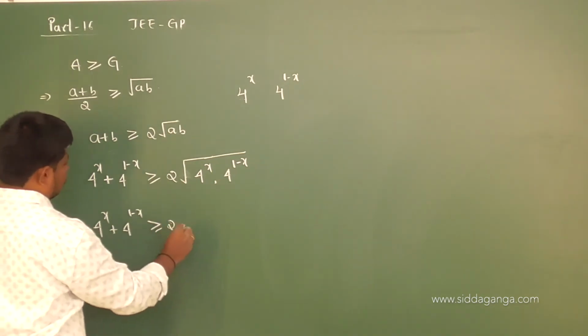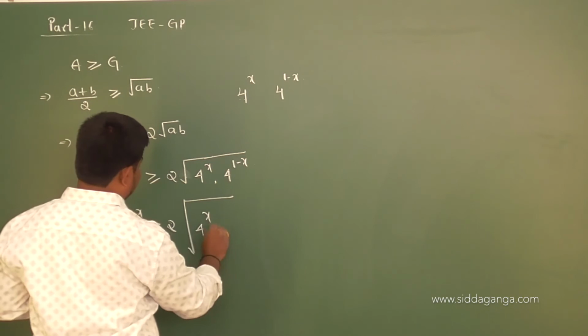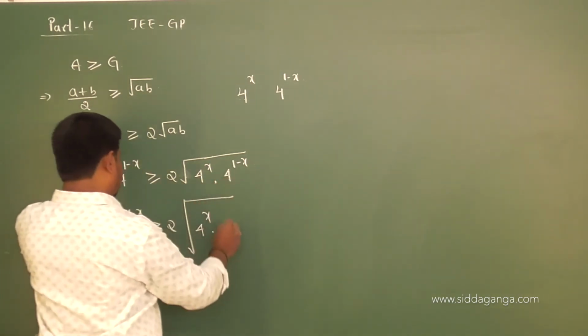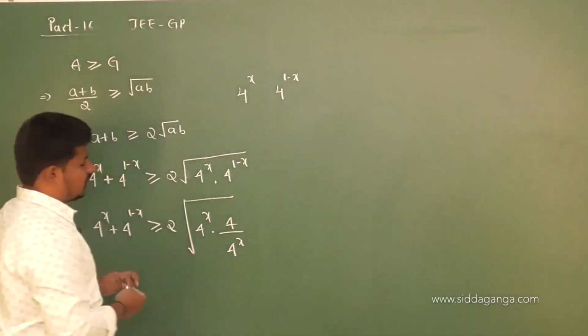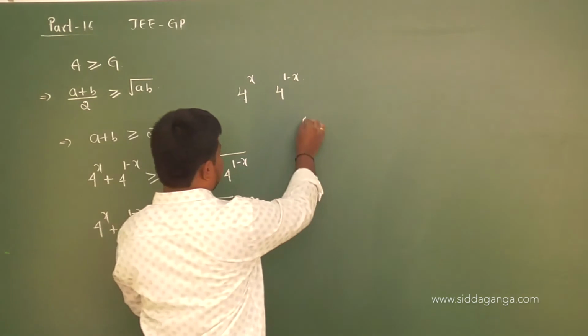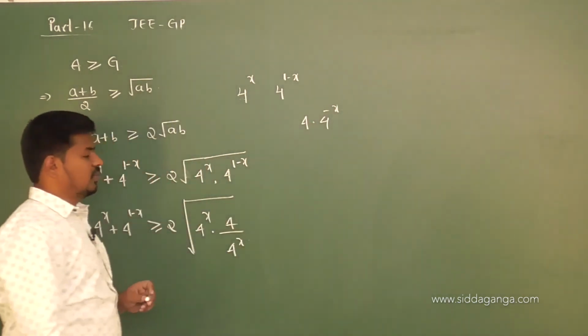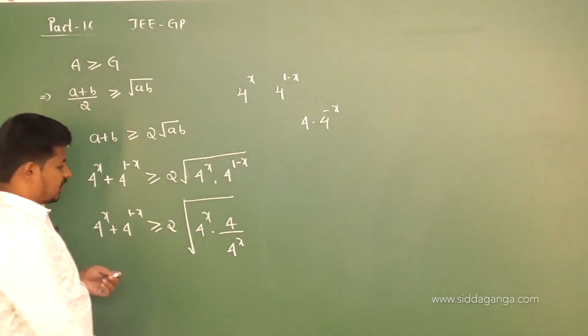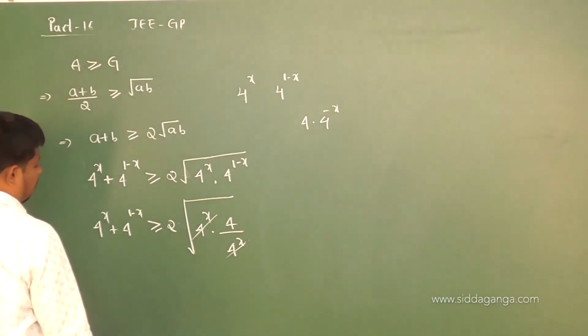This can be written as 4 power of x into 4 by 4 power of x, because 4 into 4 power of minus x, with 4 power of minus x taken to the denominator, becomes 4 power of plus x. Get cancelled. So what remains? Root 4 remains. Root 4 is 2.